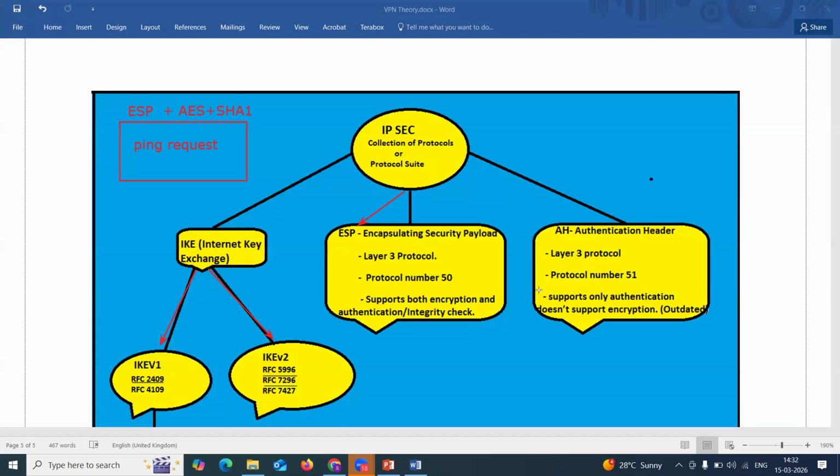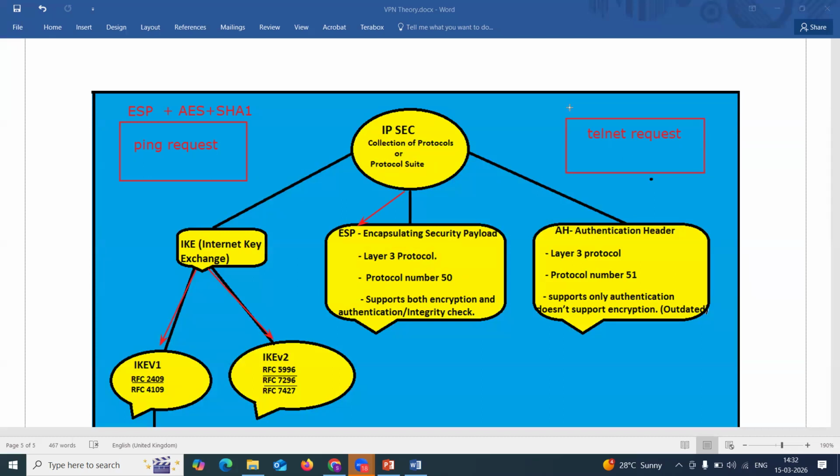Whereas the AH protocol is also an encapsulating payload. It also does an encapsulation. For example, if this is my telnet request, I'm trying to telnet somewhere. This information will be encapsulated under the AH protocol.